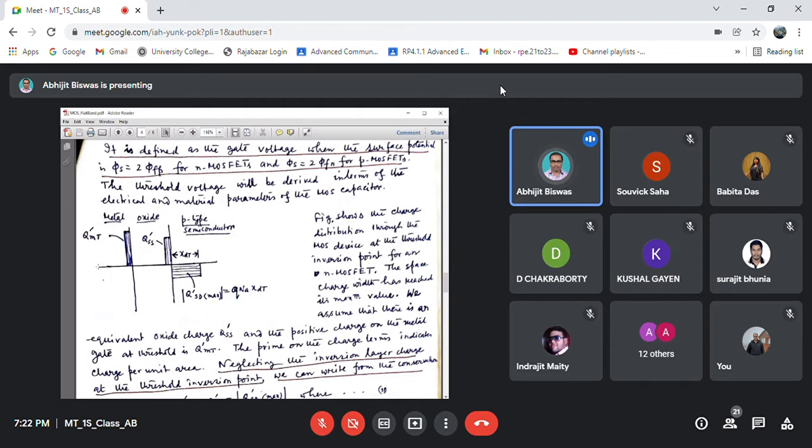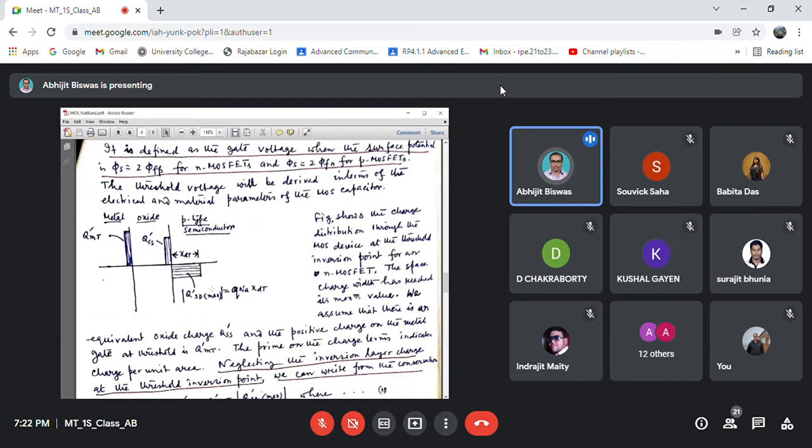Q dash MT means the charge on the gate per unit area under this threshold condition, and Q dash SS is the charge at the oxide-semiconductor interface, in the oxide per unit area, and there will be some depletion charge per unit area, that is Q dash SD maximum.